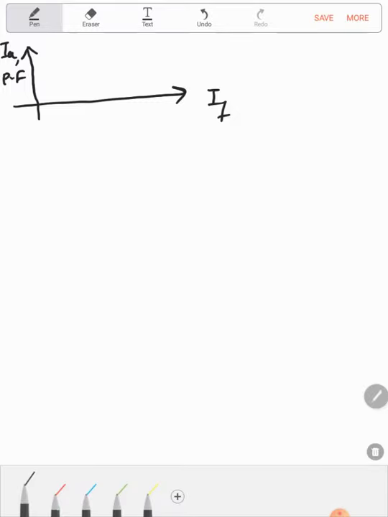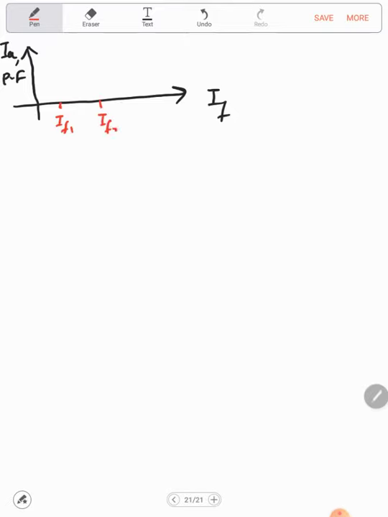So let's assume here for IF1 and IF2 and here IF3. So this will be the lag power factor, this will be the lead power factor, and this is the unity power factor.